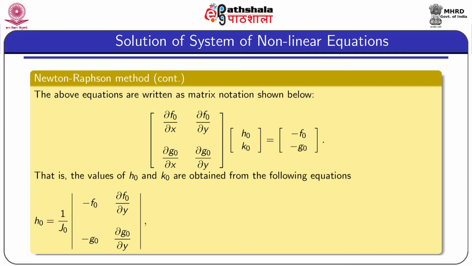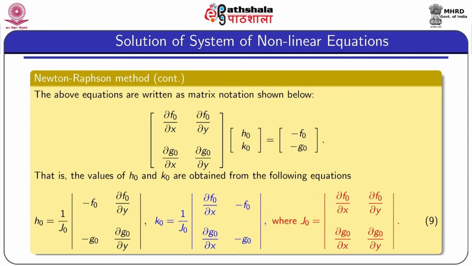Using Cramer's rule, the values of h0 and k0 are obtained as follows: h0 equals 1 by J0 into a determinant of order 2 by 2 whose first column is -f0, -g0, second column is ∂f0/∂y and ∂g0/∂y. Similarly, k0 is this expression and J0 is the determinant of the coefficient matrix of order 2 by 2.